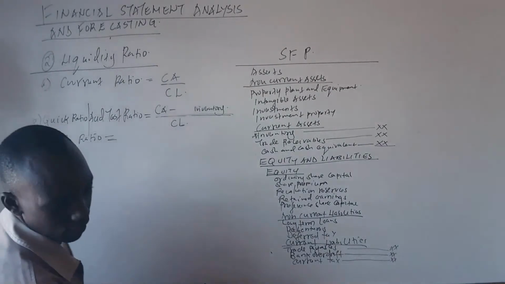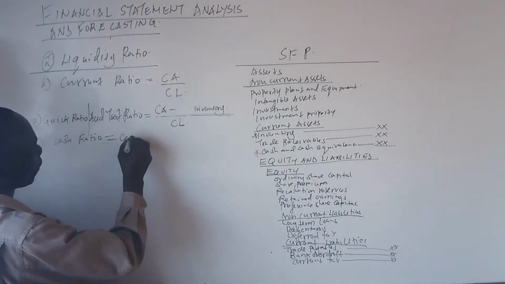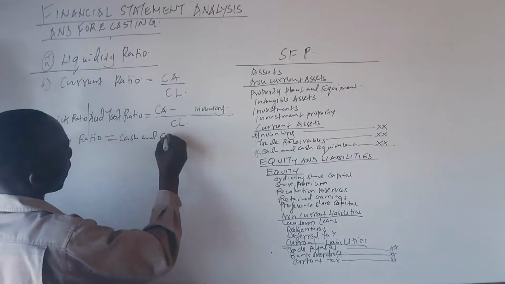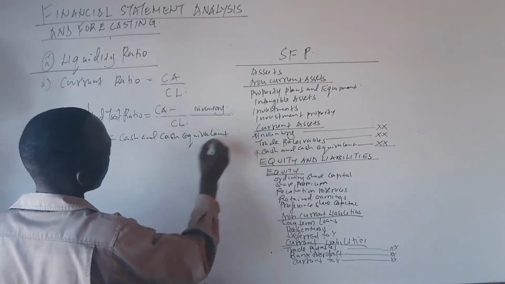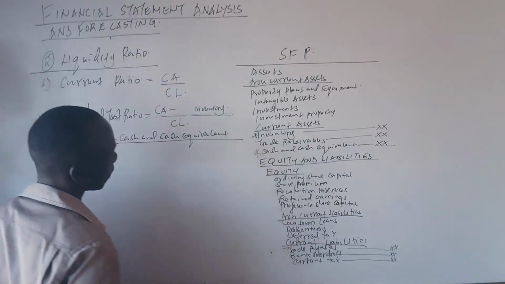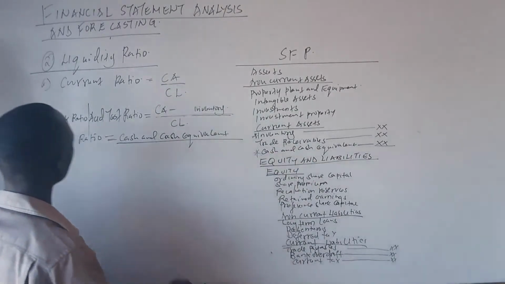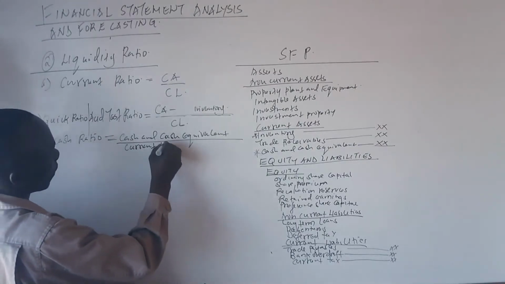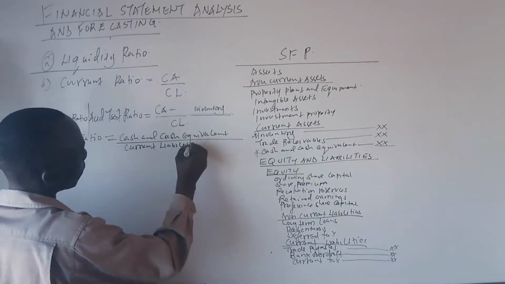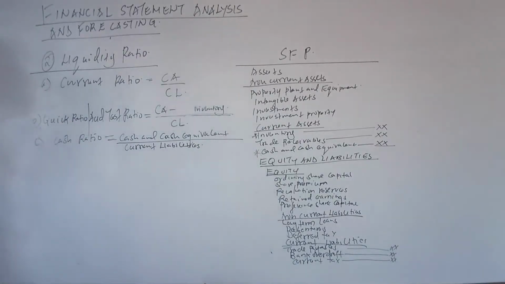Cash ratio, you look at this one we have here. You take cash and cash equivalent, then you divide by the current liabilities. So that is number 2.